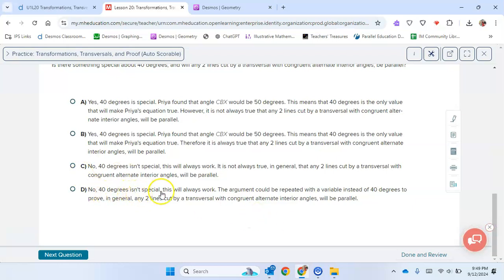No, 40 degrees isn't special. This will always work. The argument could be repeated with a variable instead of 40 degrees to prove it. So it could be any angle, not just 50, like I said. In general, any two lines cut by a transversal with congruent alternate interior angles will be parallel.